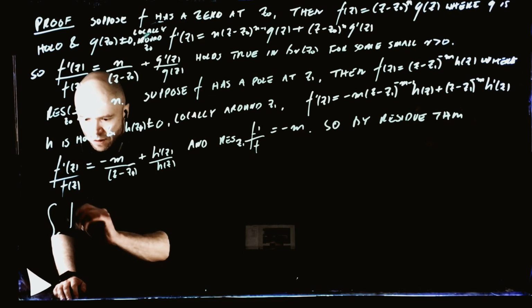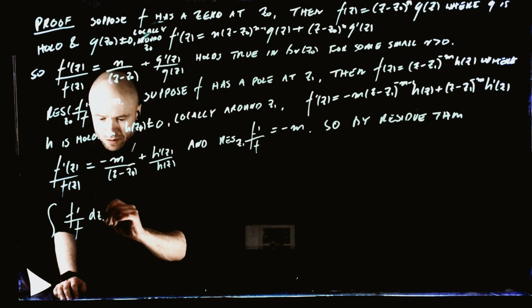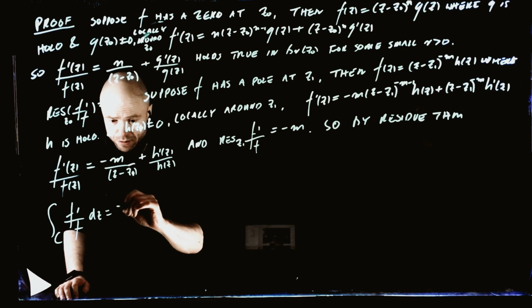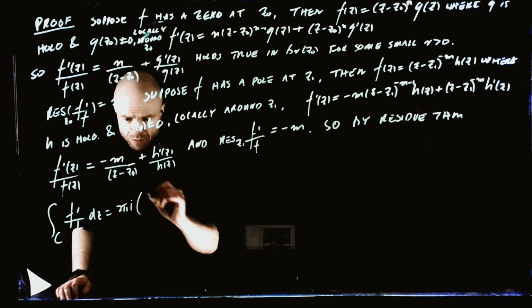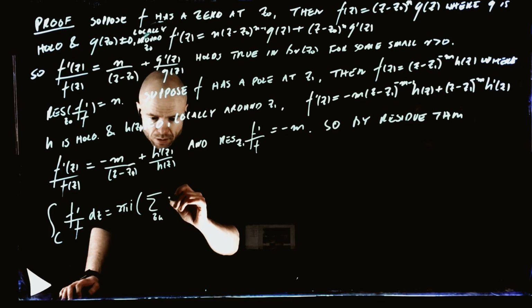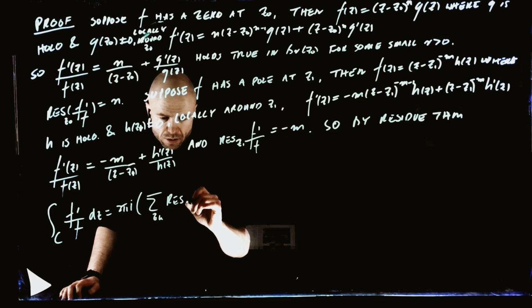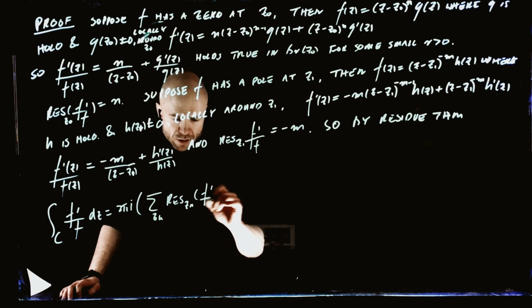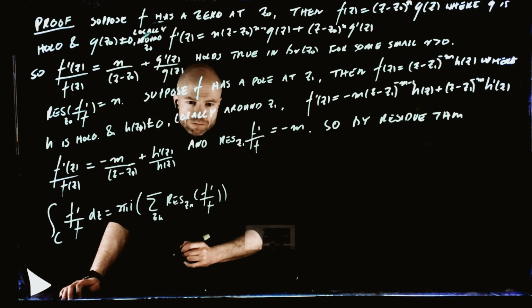If we integrate this thing, f prime over f dz, then this is just 2 pi i times the sum over the poles zk of the residue at zk of f prime over f. Yeah?